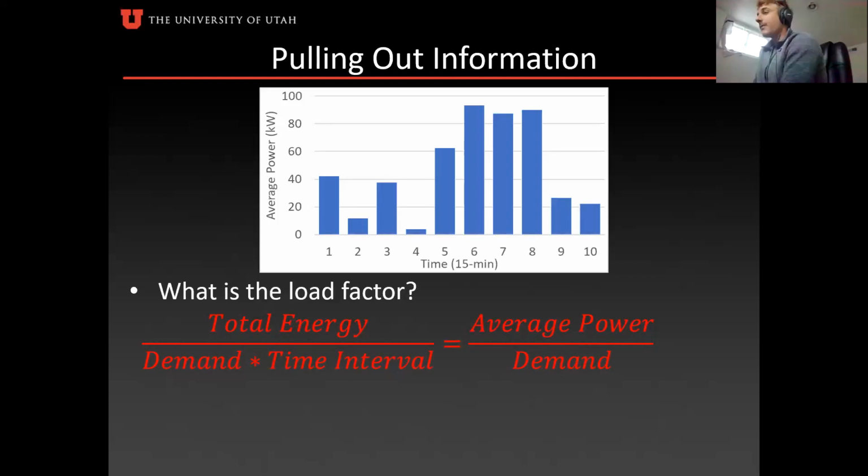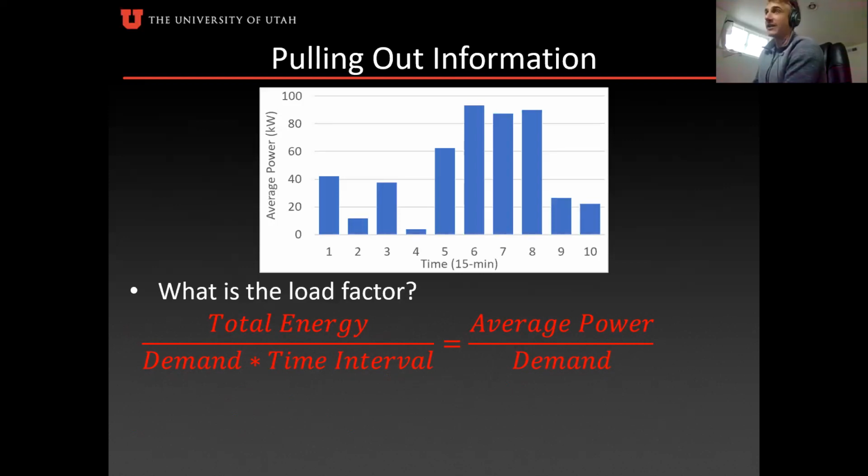Like Conrad said, he explained the load factor using the expression on the right, average power over demand. But you can also think of it as the total energy divided by the demand times the time interval.